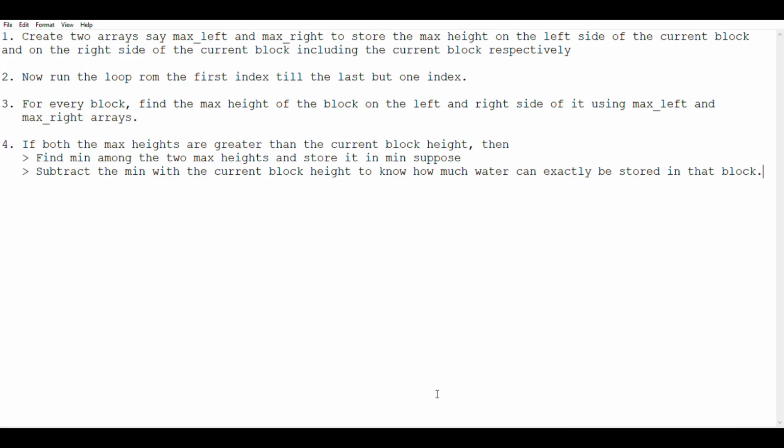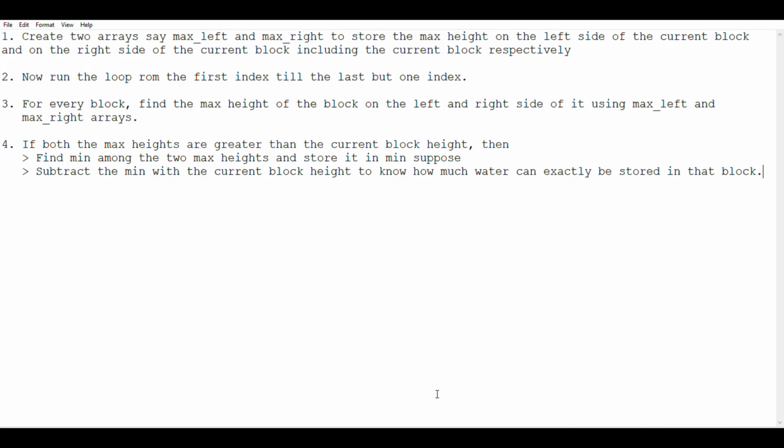What do we need to do then? We need to find the minimum among the two maximum heights which we got, and store it in a min variable. So here it is written: if both the maximum heights are greater than the current block height, then we need to find the minimum among the two maximum heights and store it in the min variable.